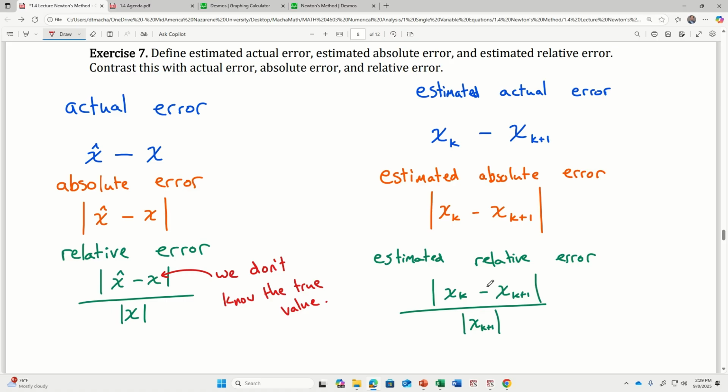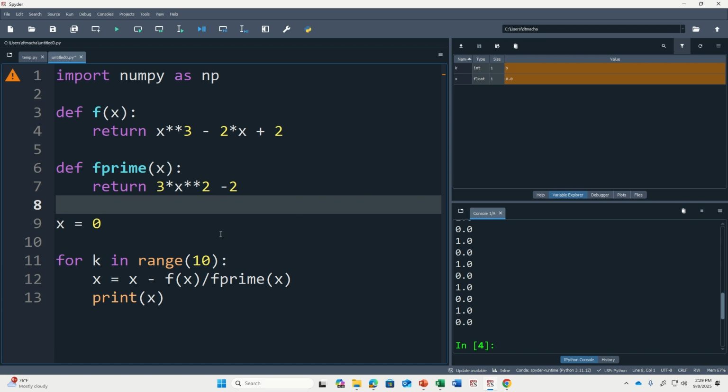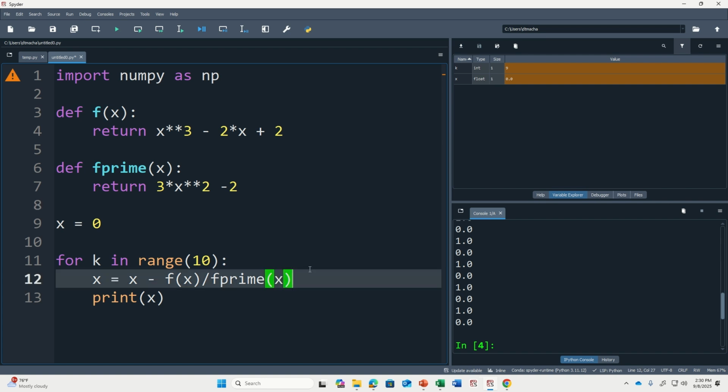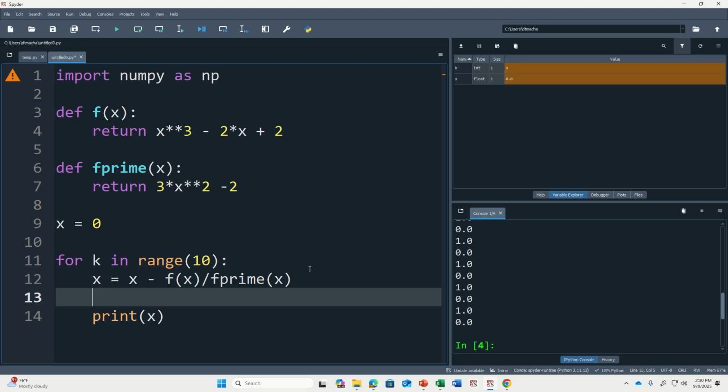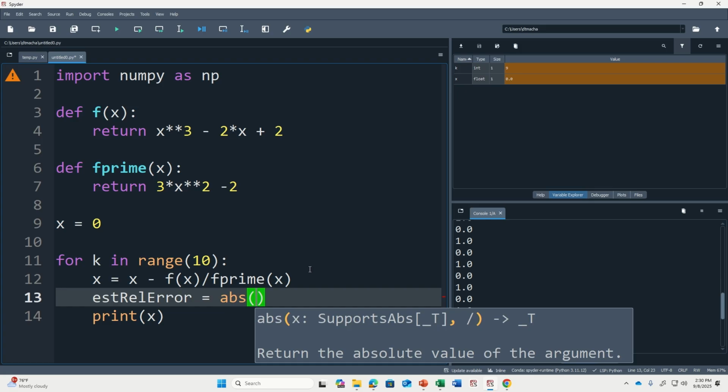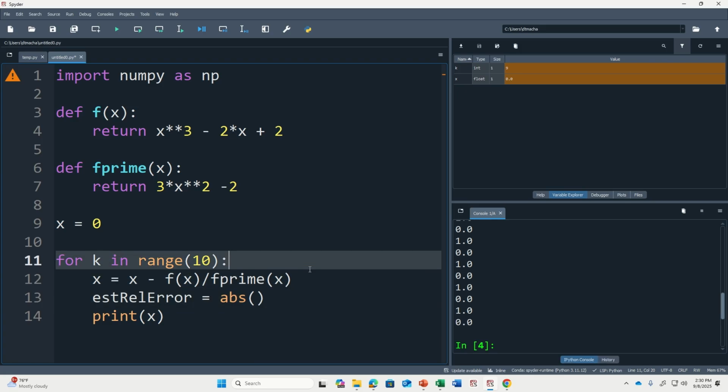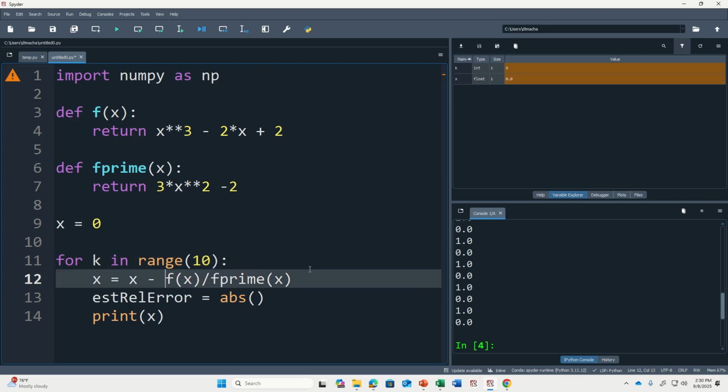Does that make sense? Okay, so let's now go back here. On every iteration, I'm going to come up with an estimated relative error. That's going to be the absolute value of, and this is an interesting question too, because to calculate the estimated error, I need an x new and an x old.